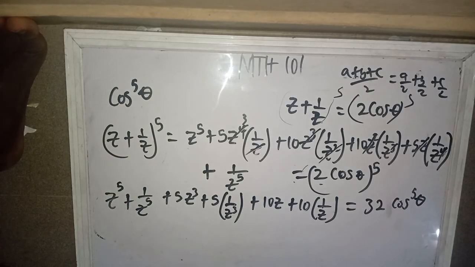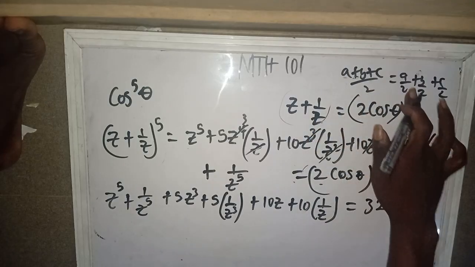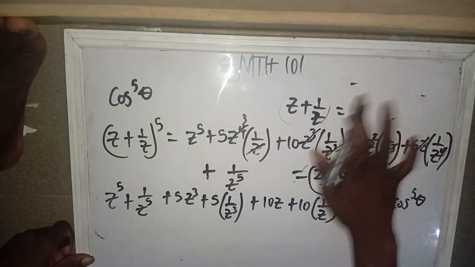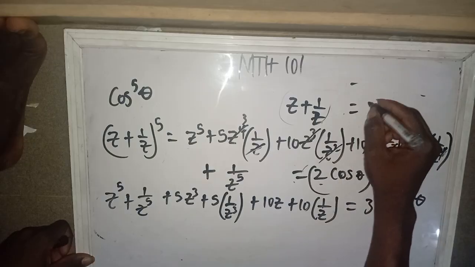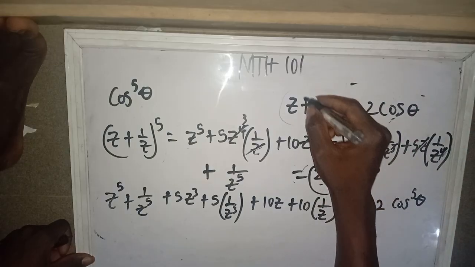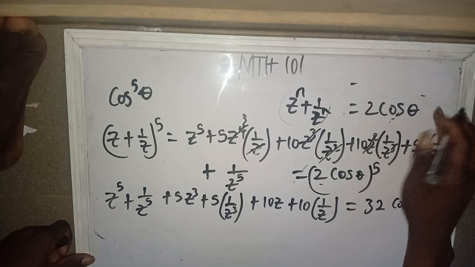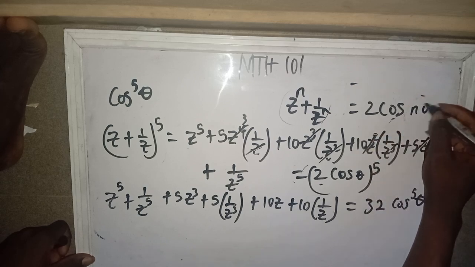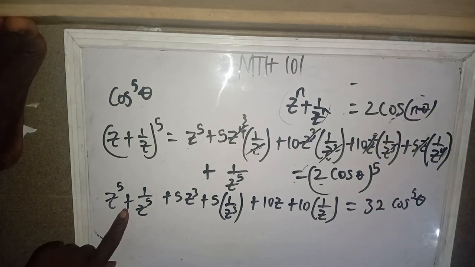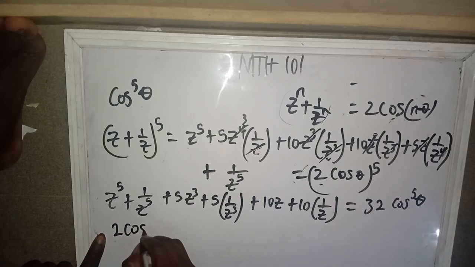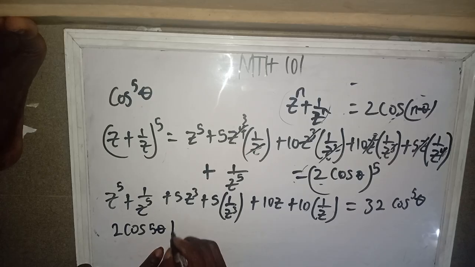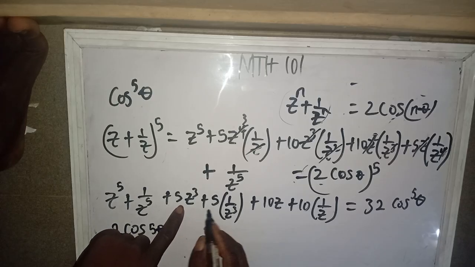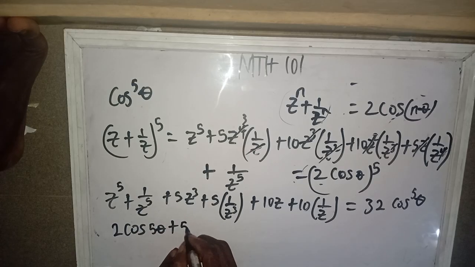Now, De Moivre's theorem says, if this guy is equal to 2 cos theta, then if we have raised to power n here, this will be 2 cos n theta, isn't it? So this is going to give us 2 cos 5 theta, because our n now is 5. Plus 5 is common to this, bring out 5.